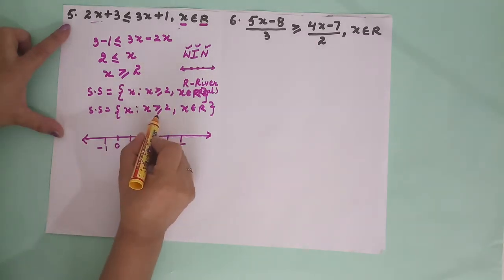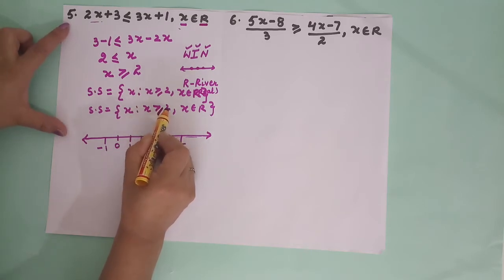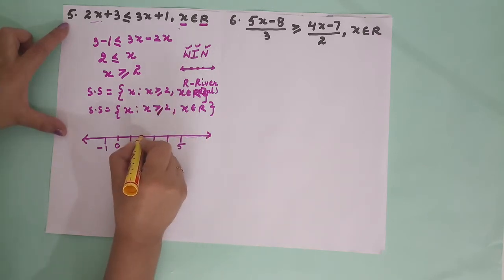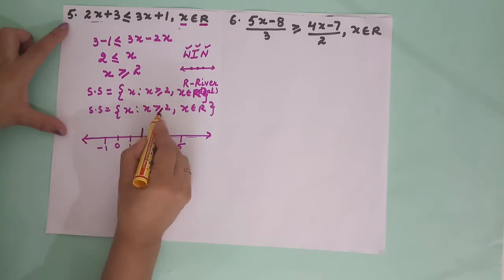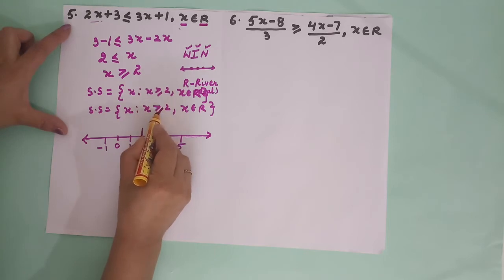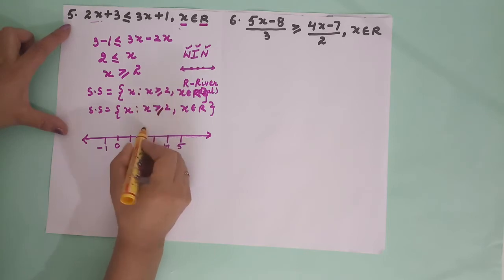The first way is that if this equality sign is also given, look at the number 2 here, go to number 2, and place a straight line. Why this straight line? Because the equality sign is given here. If the equality sign is not given, we'll place an arc over here. That also we will discuss, but for now remember that when the equality sign is also given, we place a straight line.